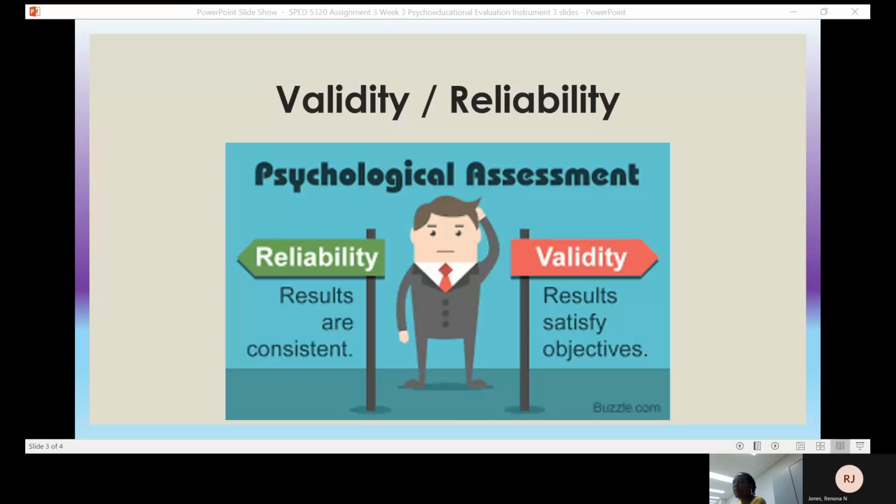Without validity and reliability, an assessment cannot be used to accurately determine achievement or whatever it is supposed to measure. The Woodcock-Johnson 4 Achievement has been found to be both valid and reliable. It has internal consistency reliabilities, and its test-retest correlations are in the acceptable to excellent range.